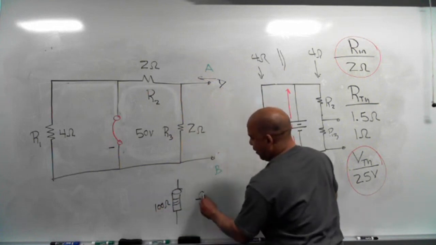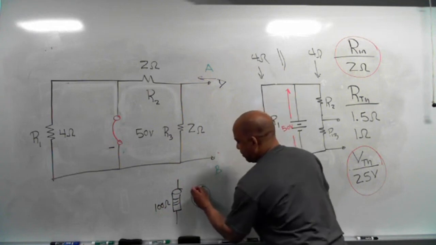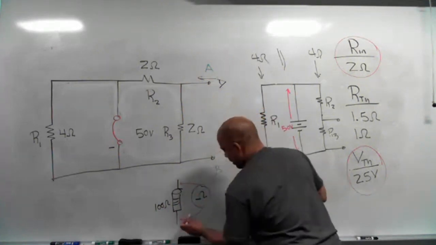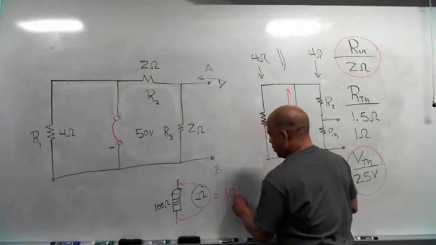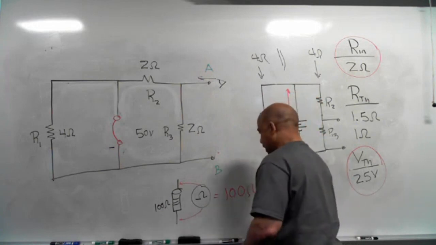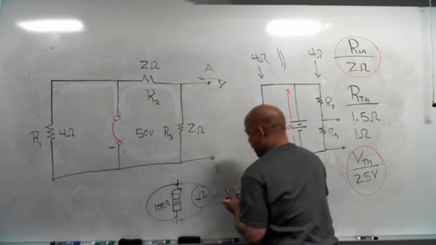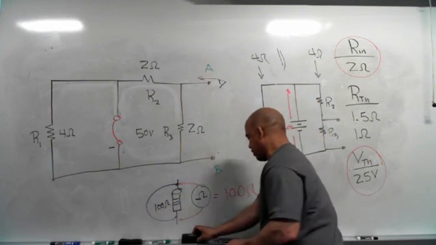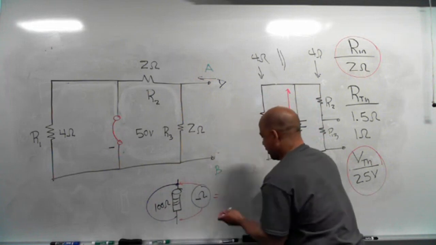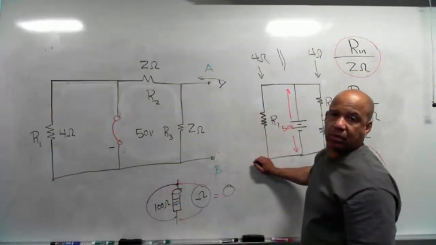I got my ohm meter over here, I got my leads hooked up to the resistor, and it's measuring 100 ohms. Well, while my ohm meter is hooked up, if somebody comes in here and takes a piece of wire and connects it like that, then the reading is going to change from 100 to 0 because that's a short. You shorted out the resistor.